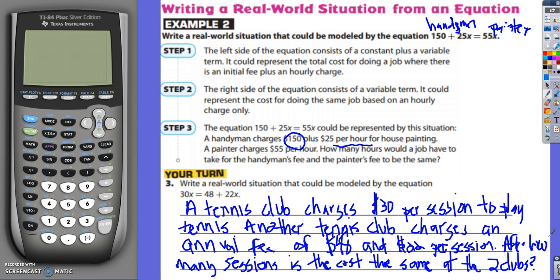Now this is just one example. There are multiple ways that you could write this.